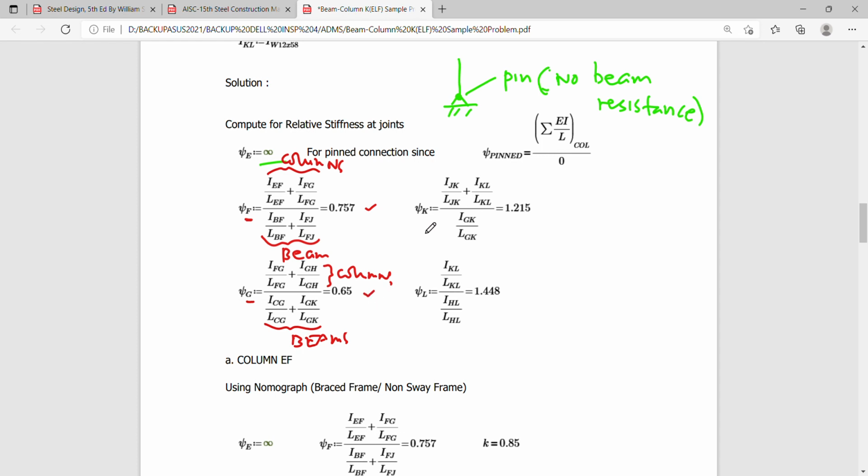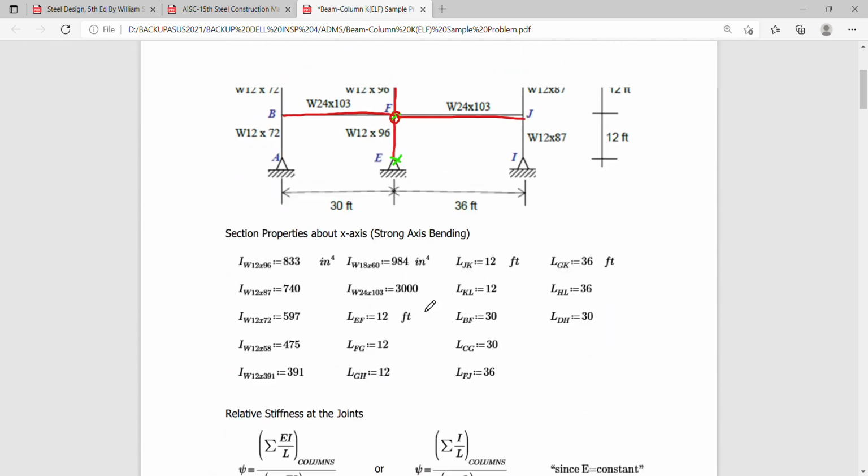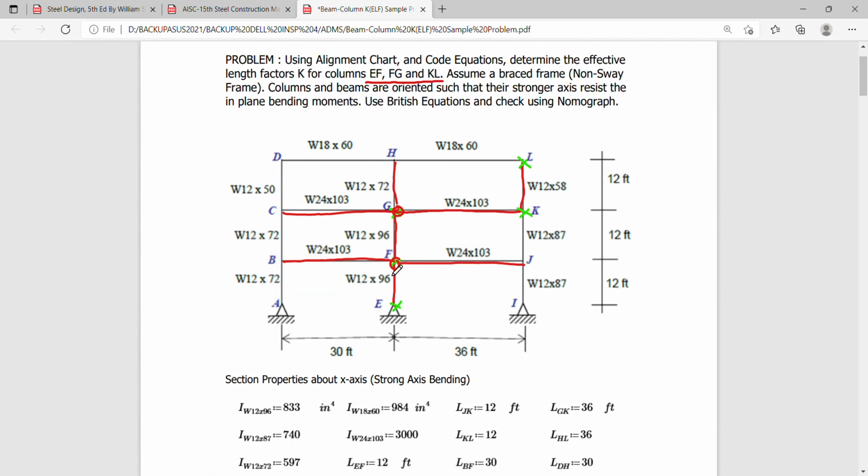So for joints K and L, psi K and psi L, notice that the number of beams and columns are not the same as that of joints F and G, because at K, the number of columns is only 2, while the number of beams is 1.